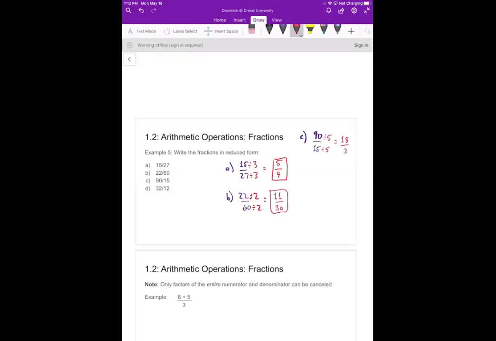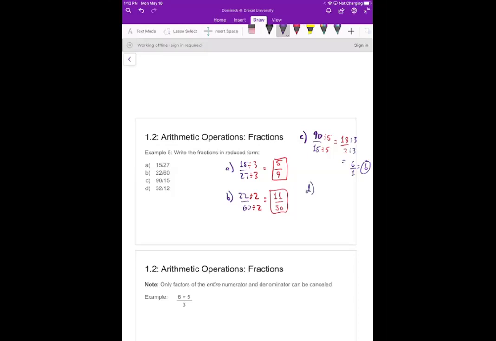But of course, you could divide each of these now by 3. So that's going to give us 6/1, which is just 6. The quick way to do this is that you could have just divided 90 and 15 each by 15, and right away you get 6/1. But I think it's usually easier to see the 5 and then 3.